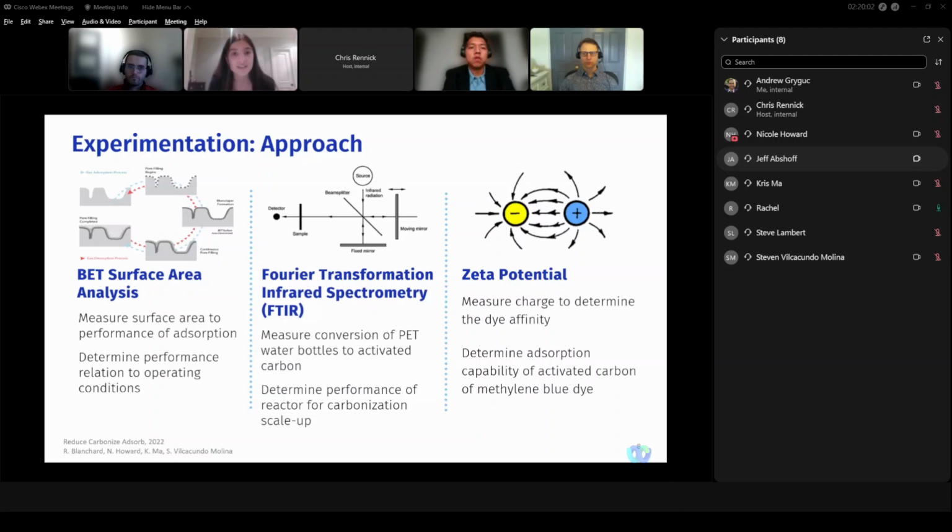Next, FTIR testing was used as validation of the conversion of PET to activated carbon based on absorbances associated with PET structure, as an indication of required reactor conditions. Next, zeta potential was used as another performance indicator since it relates to the surface charge. This indicates if our sample can effectively absorb cationic dyes such as methylene blue.